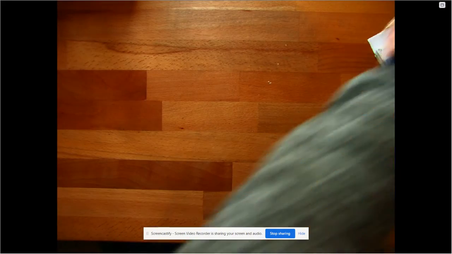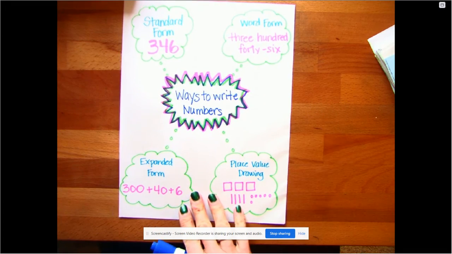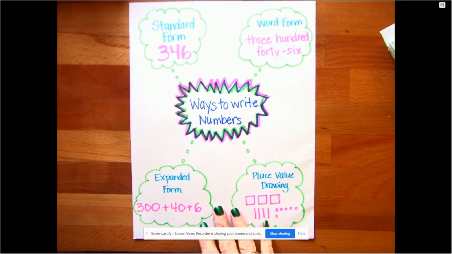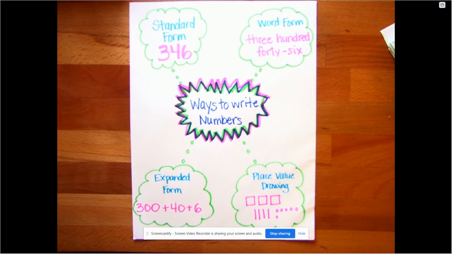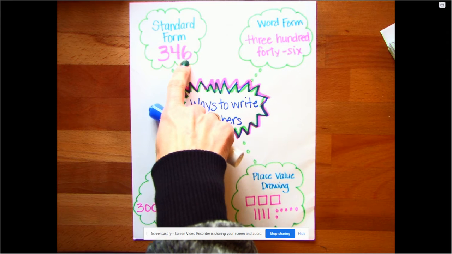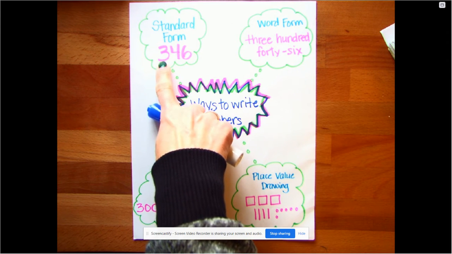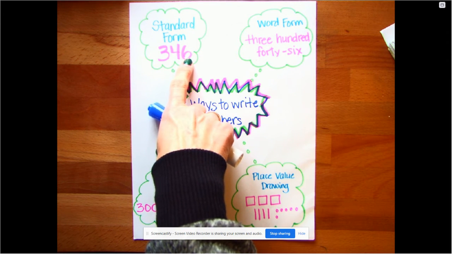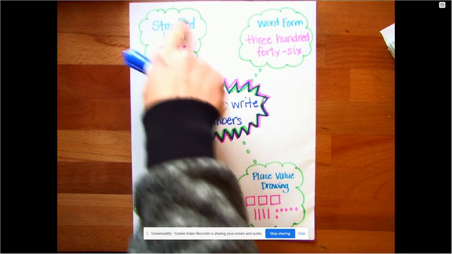Before we start our lesson, I want to show you that there are multiple ways to write a number, and you need to know all of these ways as a third grader. This is the one we're most familiar with. It's called the standard form, just showing those digits in order. The hundreds, the tens, the ones. There are other numbers that you'll learn in 4th and 5th grade as well. So this is the one you're used to.